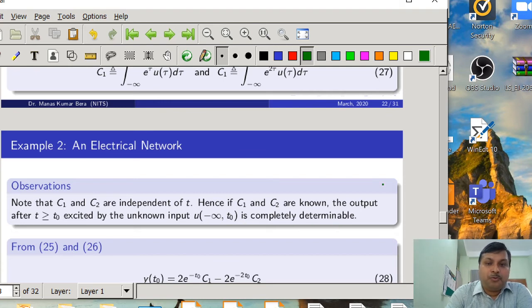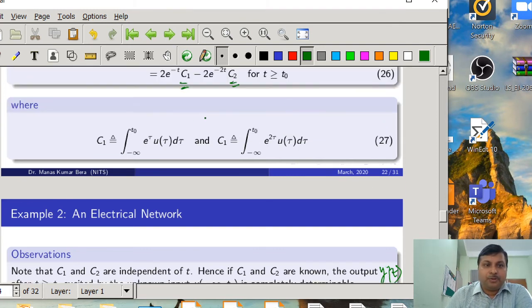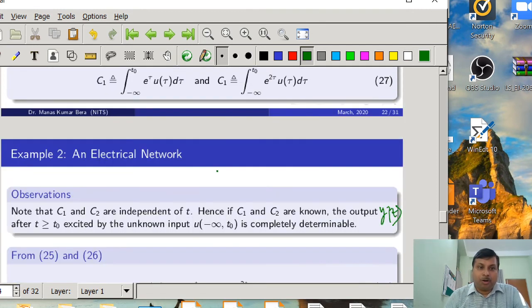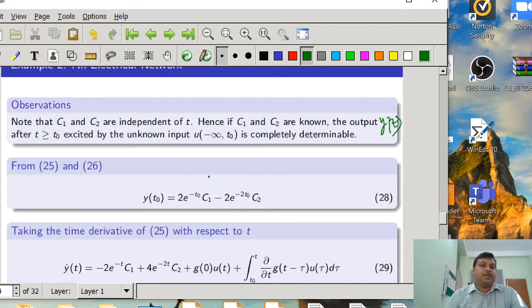So y(t) can be calculated for t greater than or equal to t0 if we know the values of c1 and c2. But it is not understandable by looking at the expression of c1 and c2 what physical variables of the network they depend on. To understand that, further discussion is required.